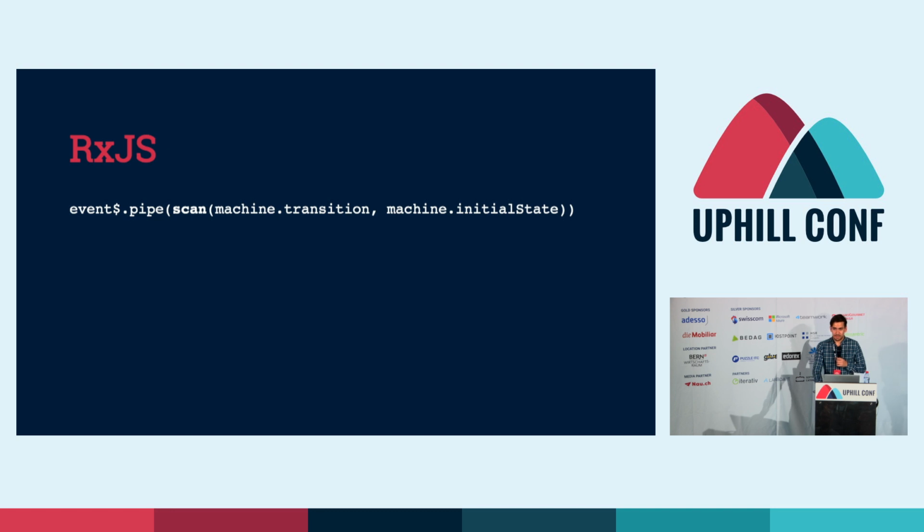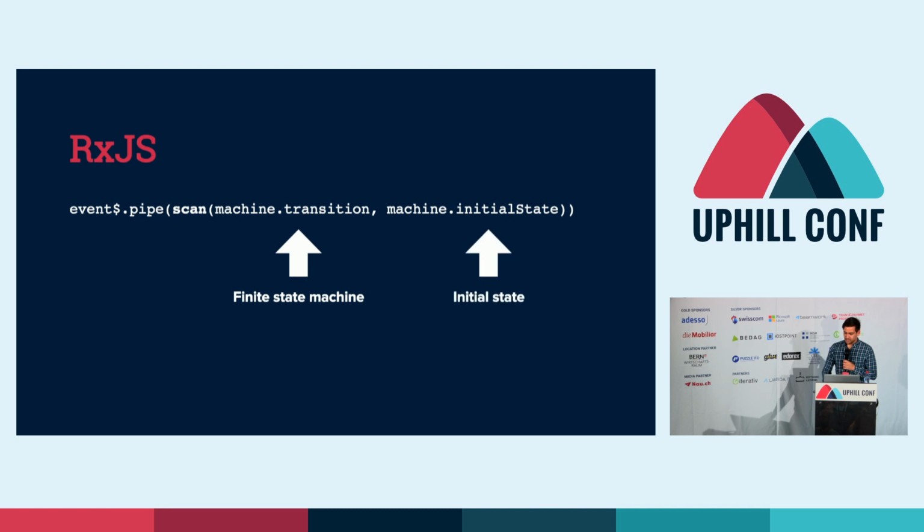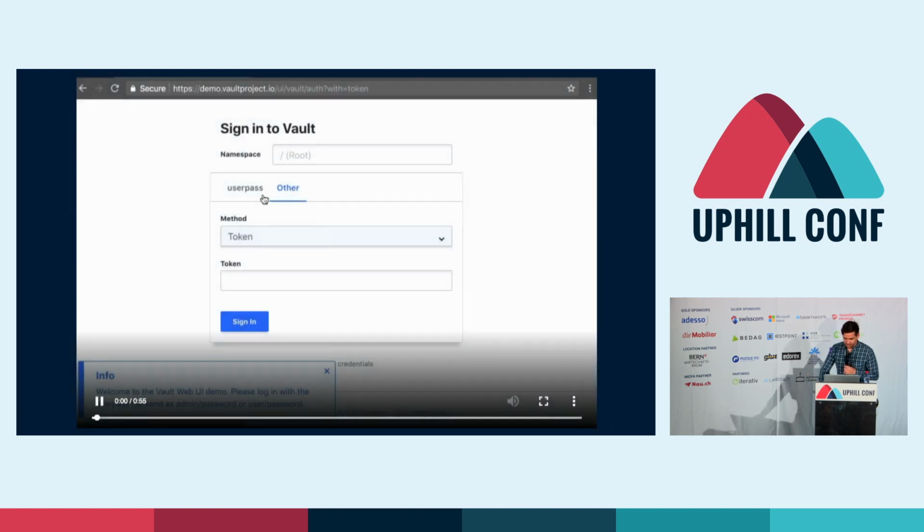And so you can imagine in RxJS, it becomes very simple to integrate because this machine.transition function is itself basically a reducer, which means you could stick this right into the scan operator, and you could represent the finite states of your application through that state machine as well, because a state machine is basically a glorified reducer function that not only gives you the next state, but also gives you the next actions to execute too.